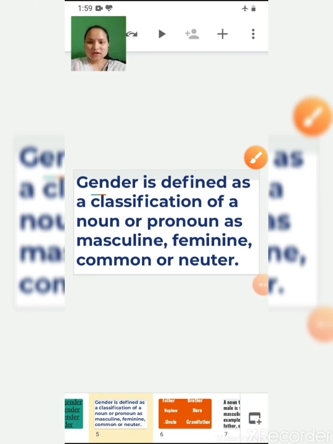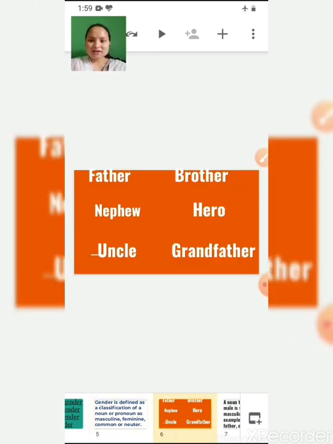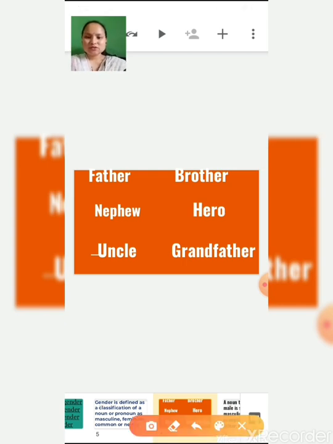Children, you can see some words written on your screen, right? The first one is father, then brother, next is nephew, then hero, then uncle, and the last one is grandfather. Seeing all these words, do you find something common in them? Yes, there is one thing common in all these words. And what is that?